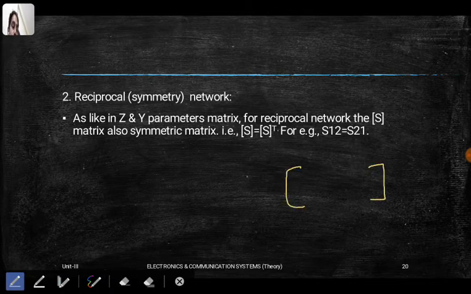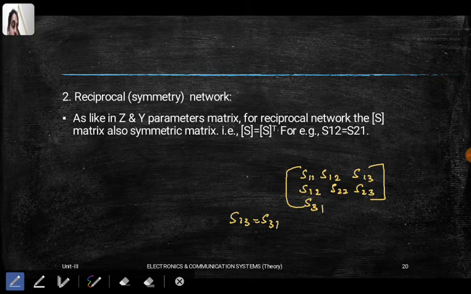Let us take a 3-port network: S11, S12, S13. Let us take S12 equal to S21, so S21 and S12, then S22, S23. Let us take S13 equal to S31 because of symmetric ports, and S23 equal to S32.